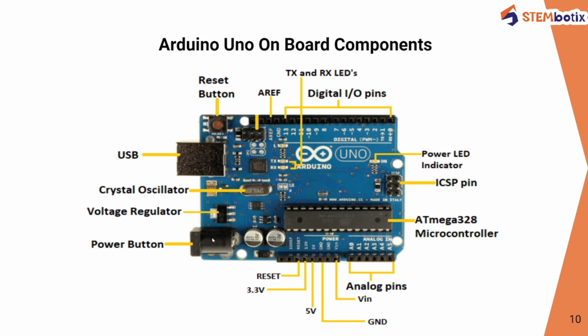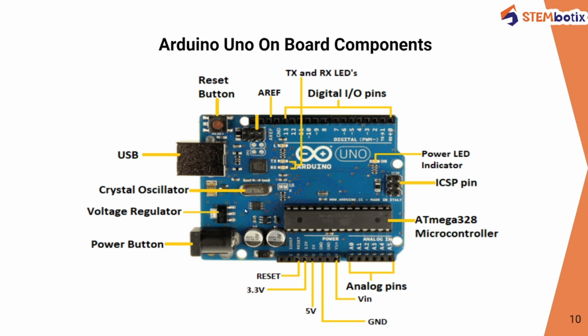After that, we have this power jack. So Arduino boards can also be powered directly from AC mains power supply by connecting it to the barrel jack, means using an adapter. Also, it has its own adapter, and using that adapter you can connect it to the AC mains power supply.